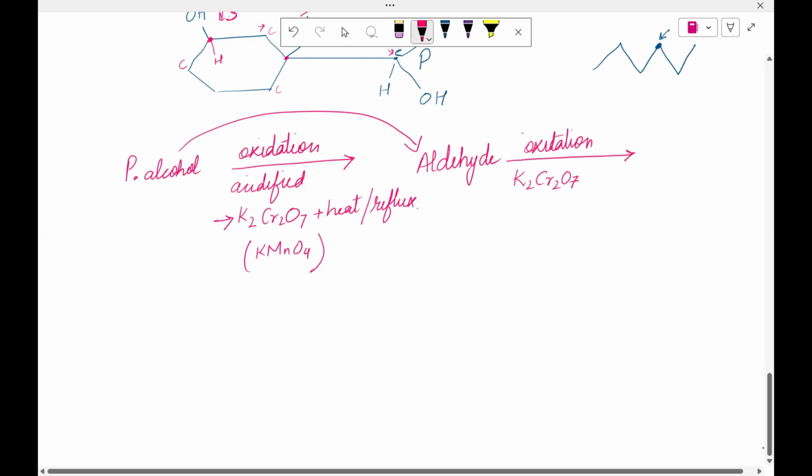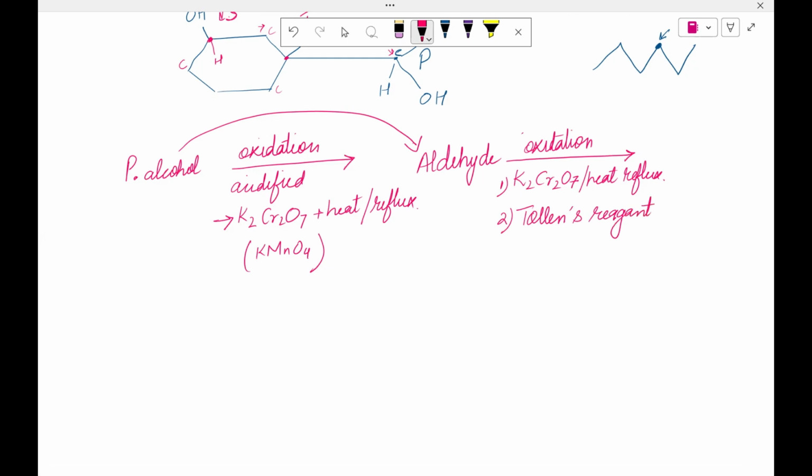This reaction occurs in heat reflux condition. We can also use Tollens reagent as well.